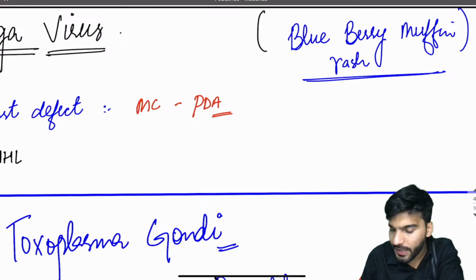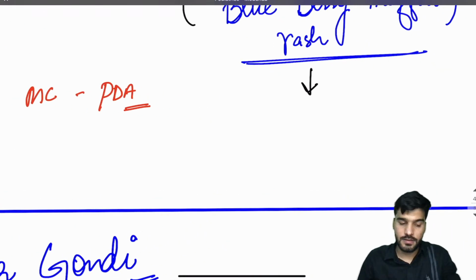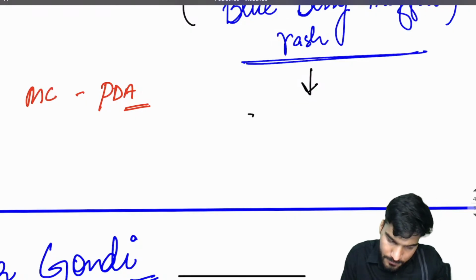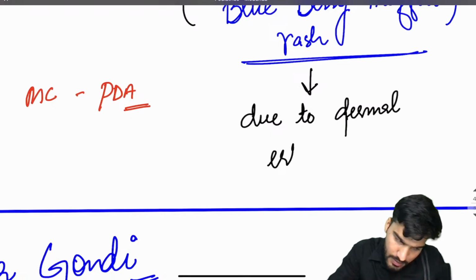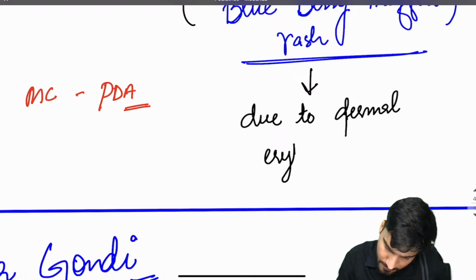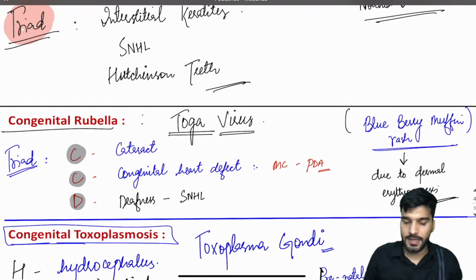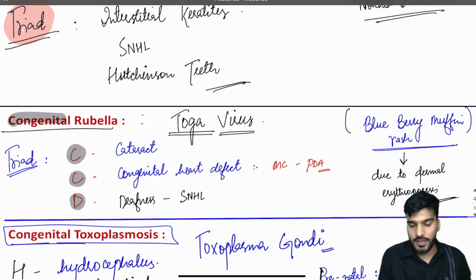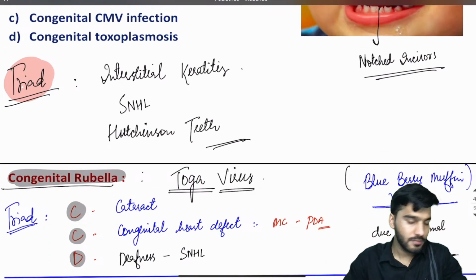This blueberry muffin rash is due to dermal erythropoiesis. Is that clear? So that's all about congenital rubella syndrome, congenital toxoplasmosis and congenital syphilis. Is that clear? Let's move ahead.